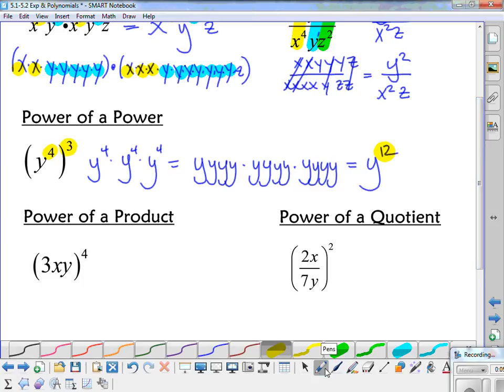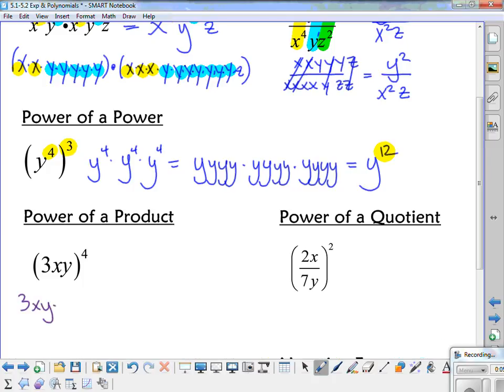And so that means everything inside of there. If I wrote it out the long way, I would have 3xy times 3xy times 3xy times 3xy. The main thing that I see happening is that people forget that 3 is to a power as well.